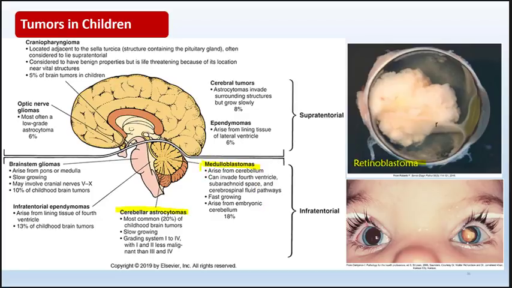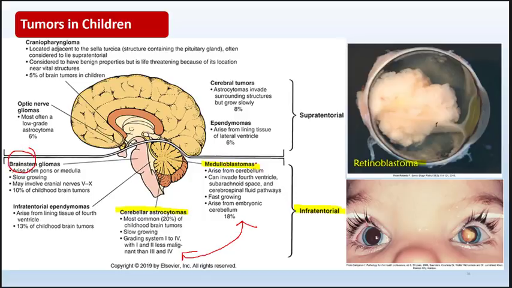You can note here that the medulloblastomas and cerebellar astrocytomas are infratentorial tumors, so affecting or arising from the brainstem as well as the cerebellum. Actually, I'll correct myself just to say that both of these originate from the cerebellum, where there are specific tumors that arise in the brainstem.